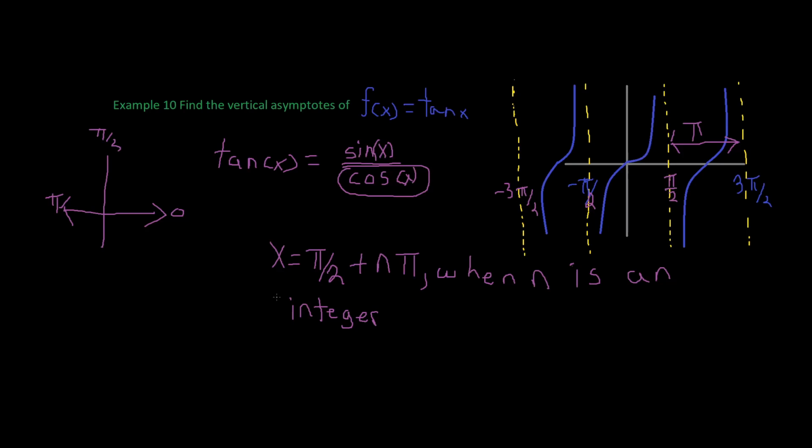But we want to do what this question is asking us: find these asymptotes, so we need integers, whole numbers, not fractions. So this is our statement: x equals pi and a half plus n pi, when n is an integer.